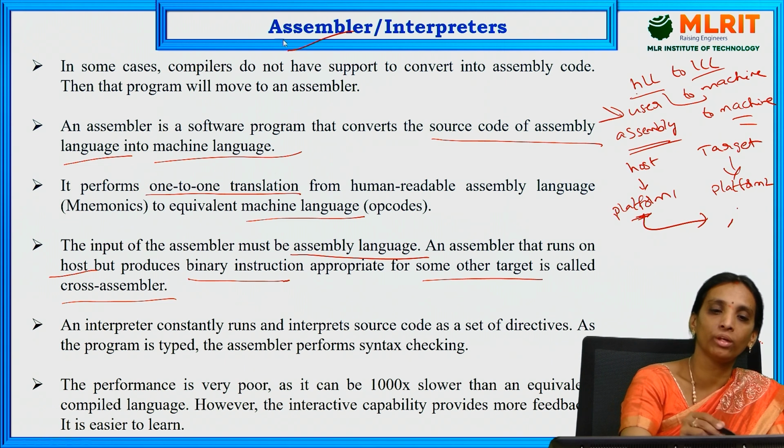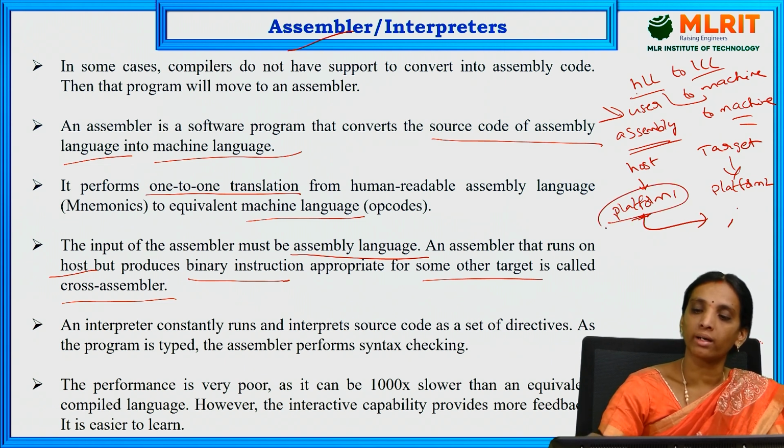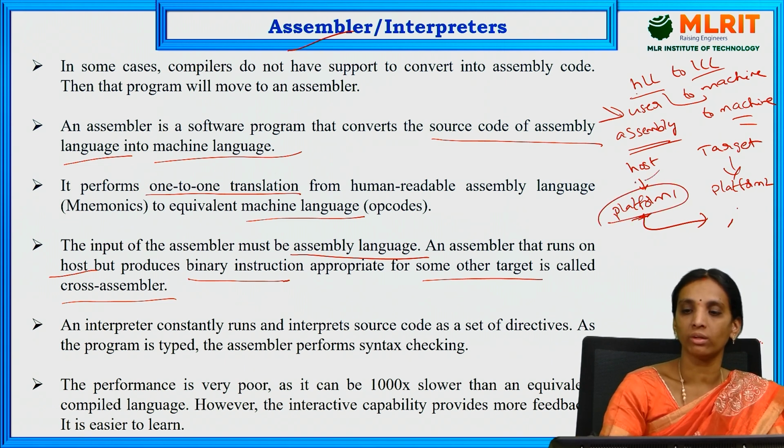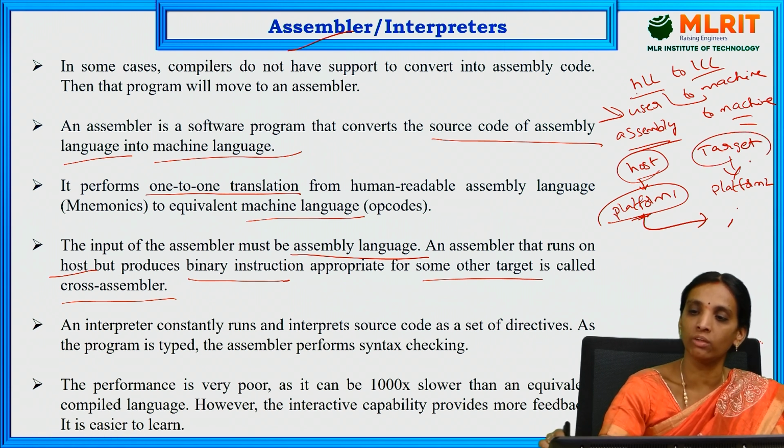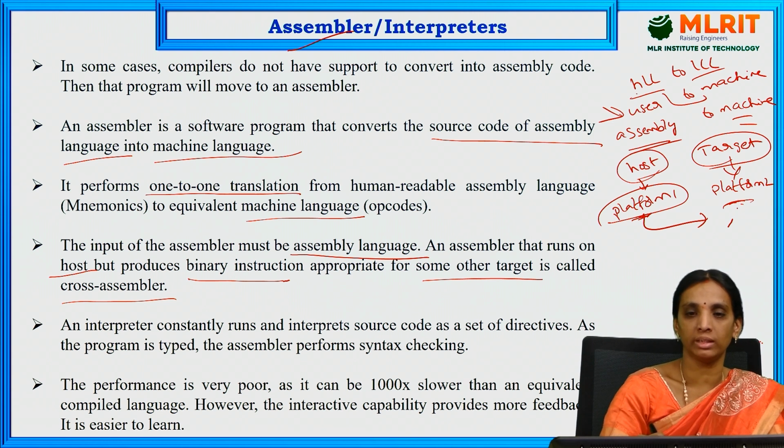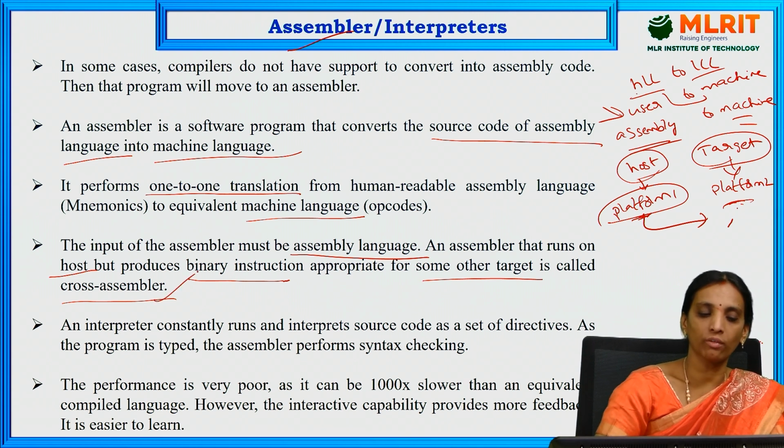We use the assembler for converting the assembly language developed in the host machine into the machine language developed for platform 2 used in the target machine. Then it is called a cross assembler.